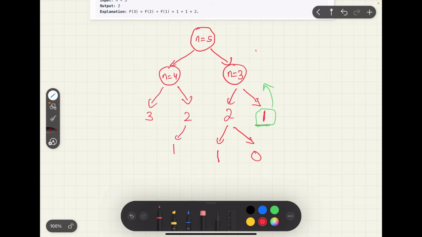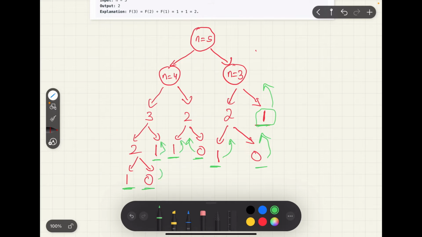Again for 2 we'll be calculating 0 and 1, and for 3 we'll be calculating 2 and 1, and for 2 we'll be calculating 1 and 0. All these are base cases, so we won't be calculating anything for them and we'll simply be returning the answers from here. Right, so this is the recurrence tree.